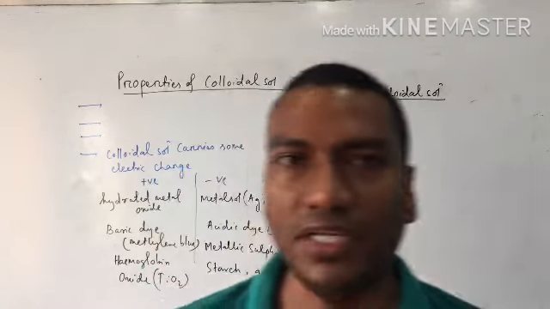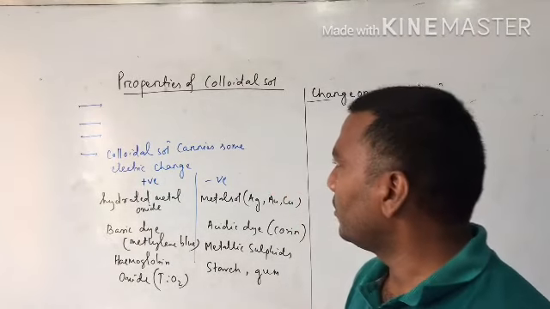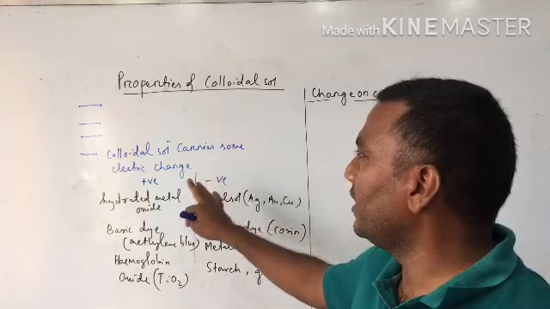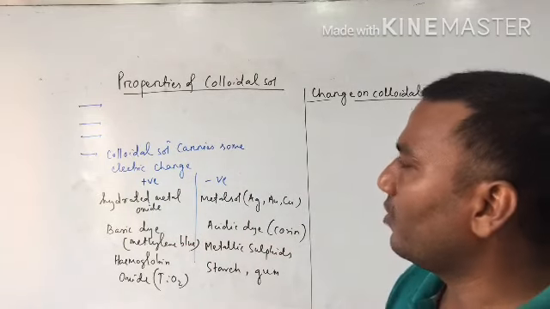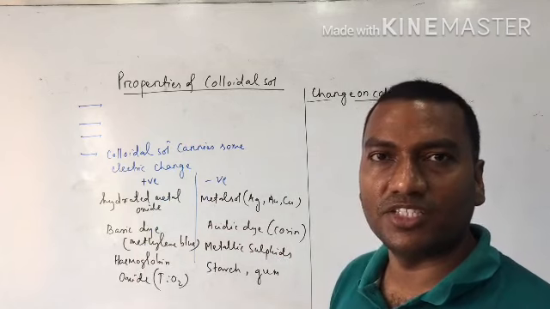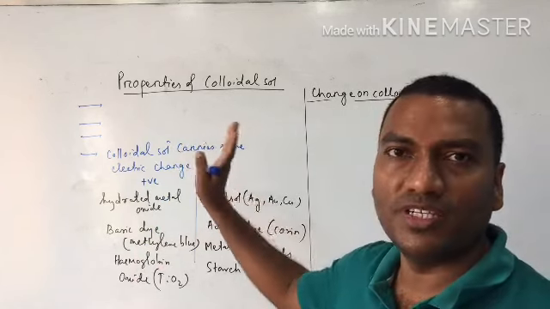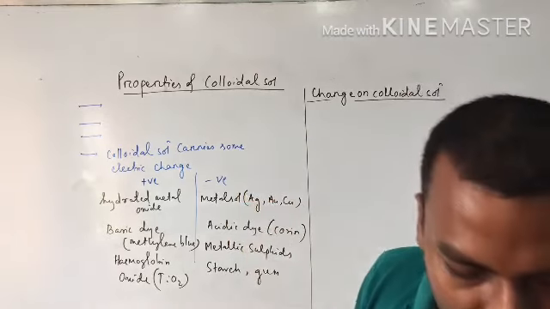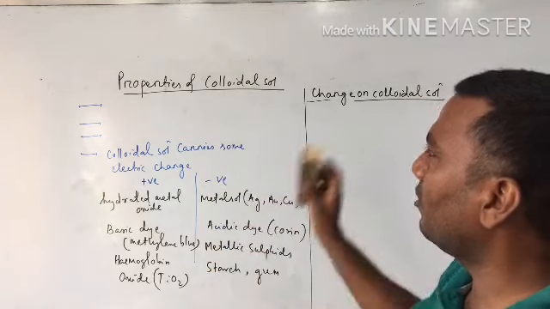The main properties are Tyndall effect, zigzag motion, color. Then a colloidal solution carries some electric charge, some positive and some negative. The colloidal particle size is very small, cannot be seen by our naked eye; it seems to be homogeneous, but is actually heterogeneous in nature. Clear now? So these are the different properties of a colloidal solution.